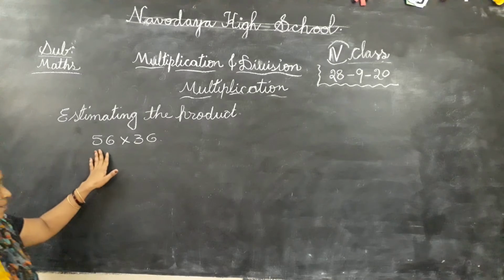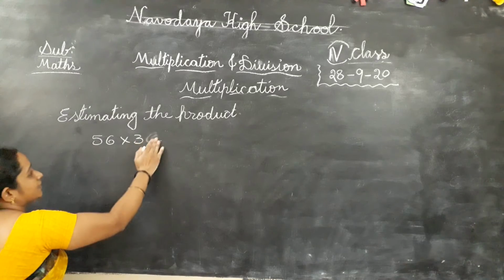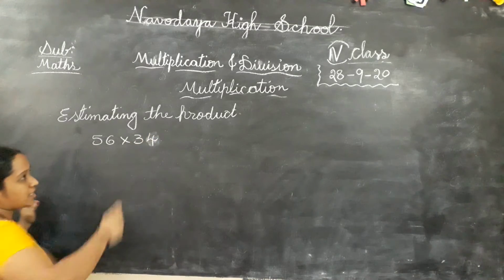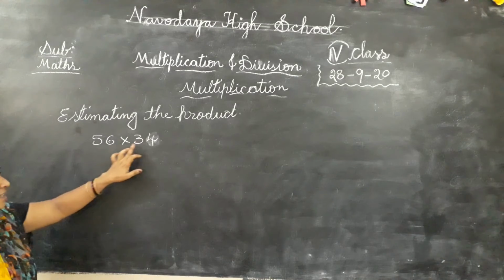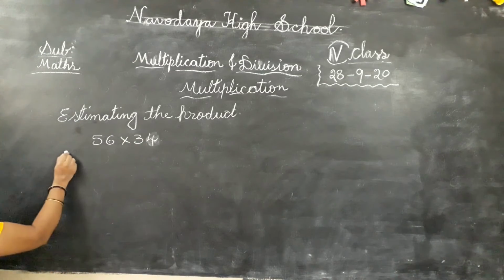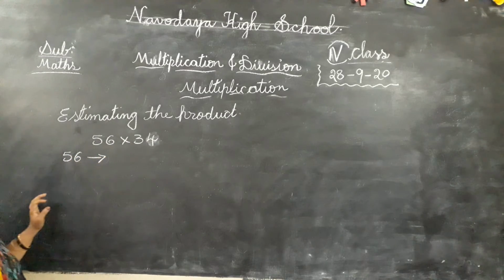Here you have to estimate these two numbers, 56 and 34, and multiply. 56 is rounded off to which number?